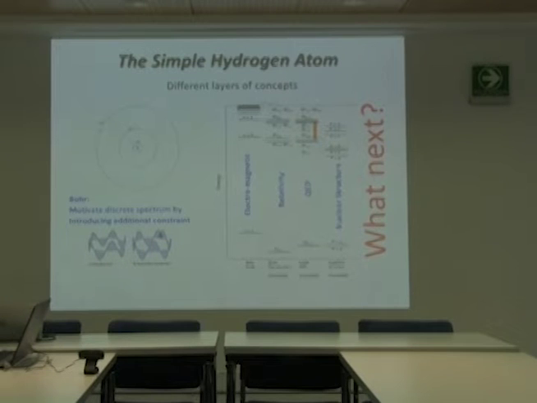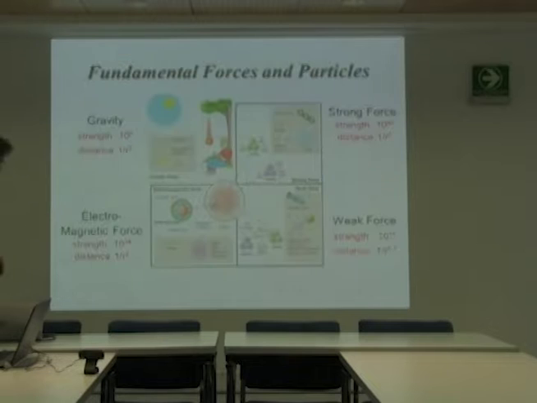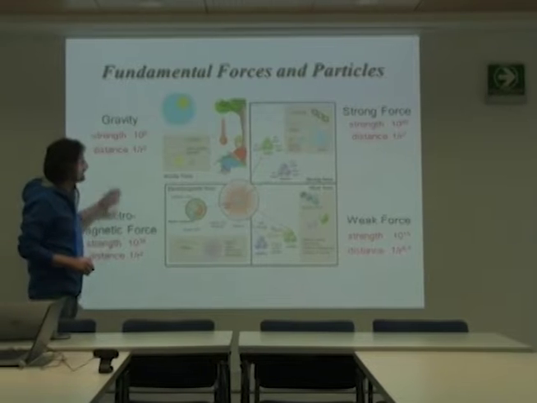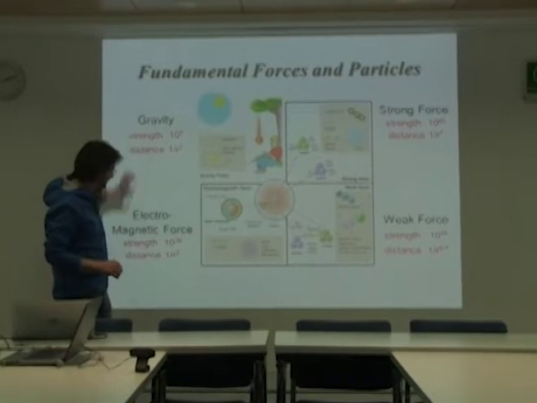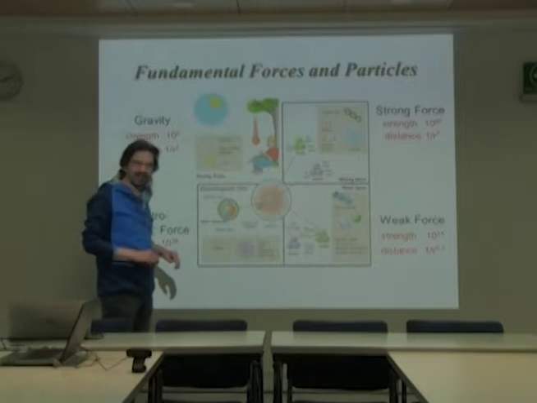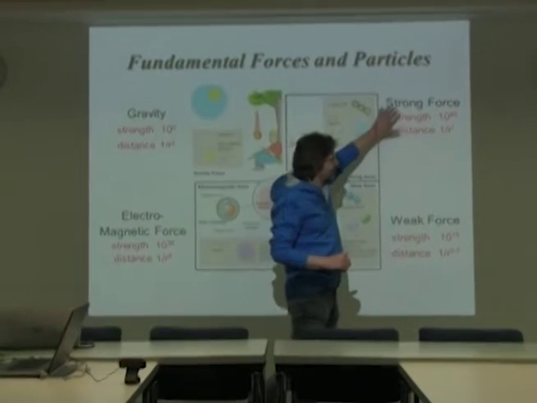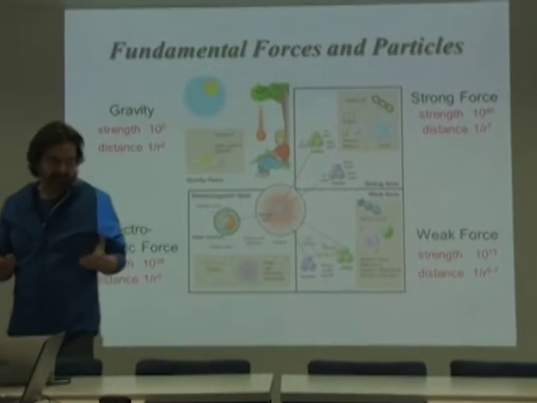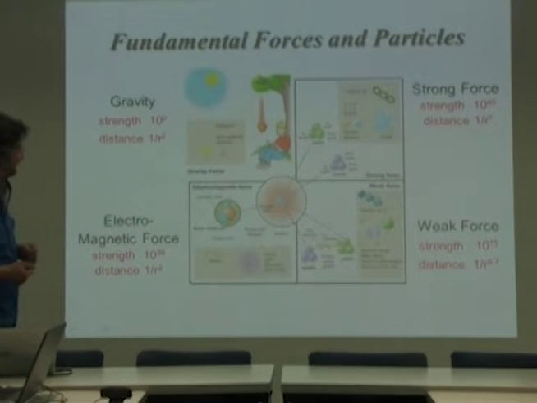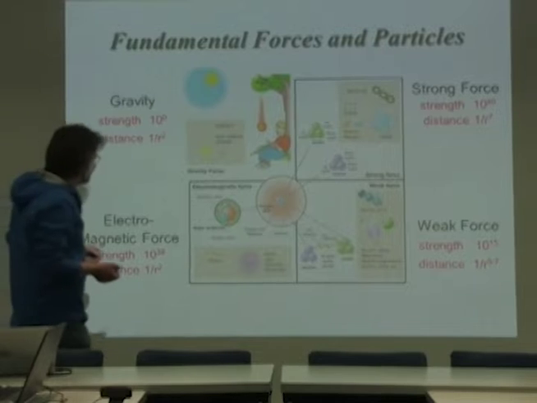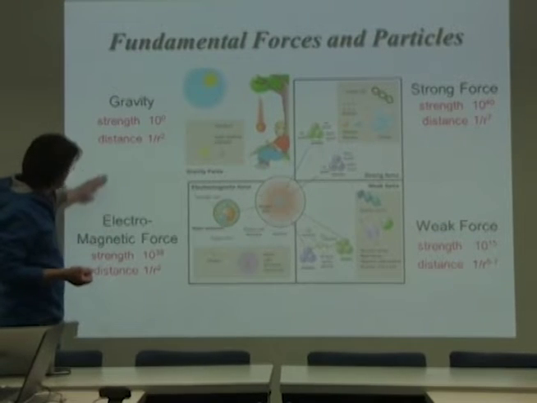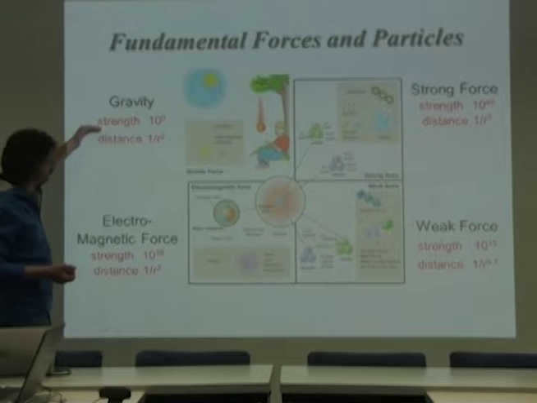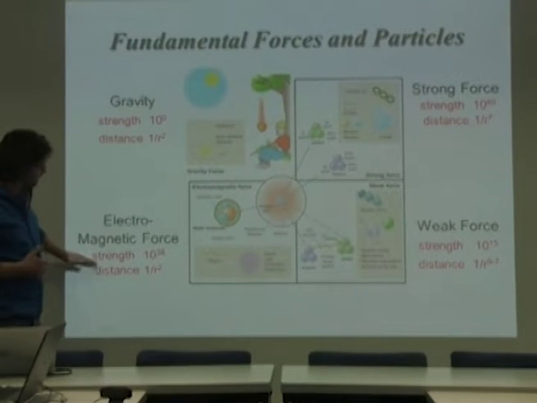So another simple cartoon of that one is that we, down here are some years which are relevant for that. A little cartoon of that one is our four forces which we have here. The gravity, the electromagnetic forces is the most well-known forces which we have here. The strong force, which is for the nucleus, and the weak force, which is for all particles. And one thing I've listed here is that there is a different strength associated with that.